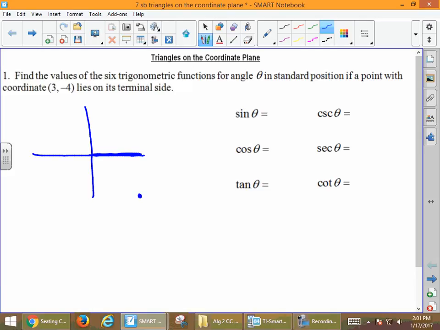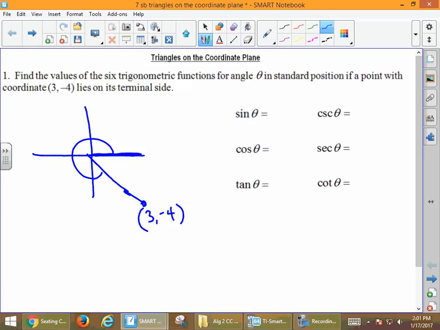And so in other words, when we draw this picture, we're going to end up over here. And I missed the point there, but we'll get this a little bit. So what we're going to do is we're always going to connect back to the x-axis. And what we did here, this point is 3, -4.